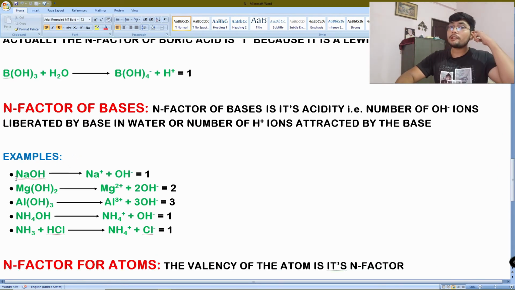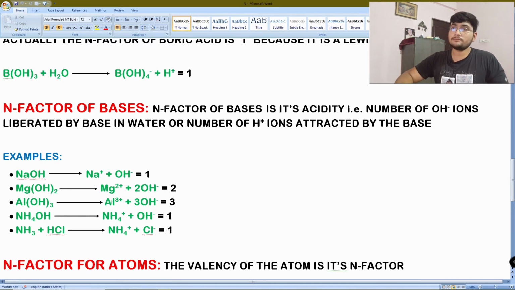The first example is sodium hydroxide. In water it will break into sodium plus and OH minus, so it liberates one OH minus, so the acidity is 1 and the N factor is 1. Magnesium hydroxide will break as Mg2 plus and 2 OH minus, so the acidity is 2 and the N factor is 2.